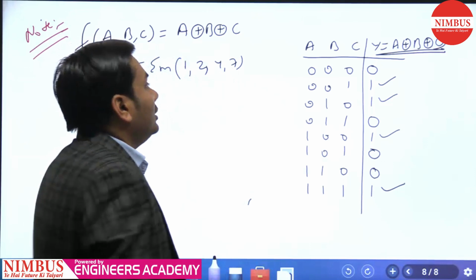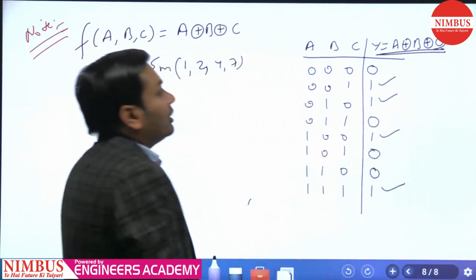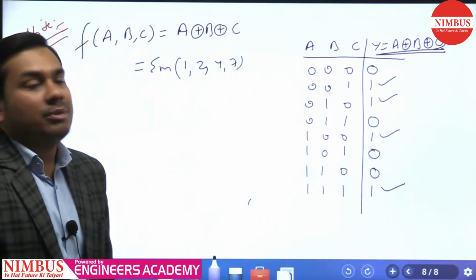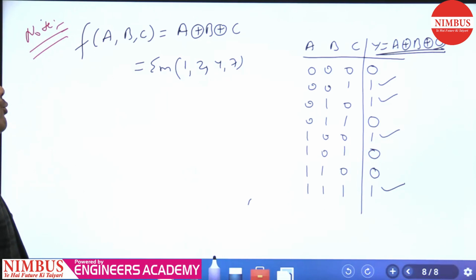And we know that when we are having output at logic 1, we are having the minterms at that place. So we are having the minterms 1, 2, 4, 7.